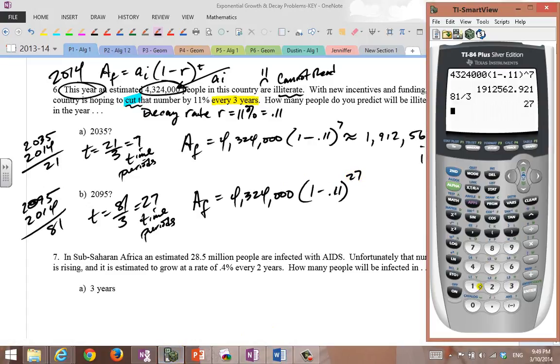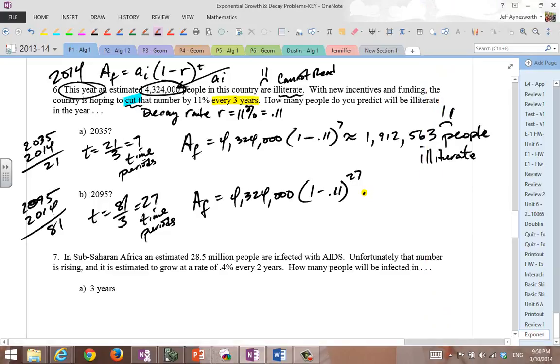No big deal in the calculator. 4,324,000 times 1 minus 0.11 raised to the 27th power. No big deal. Look at that. 185,958.